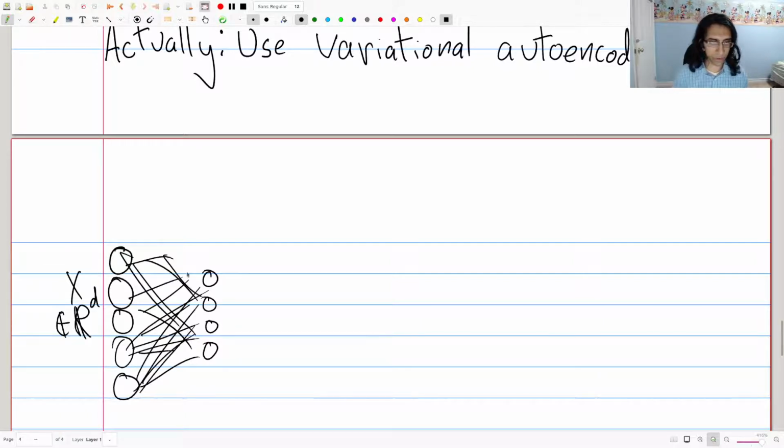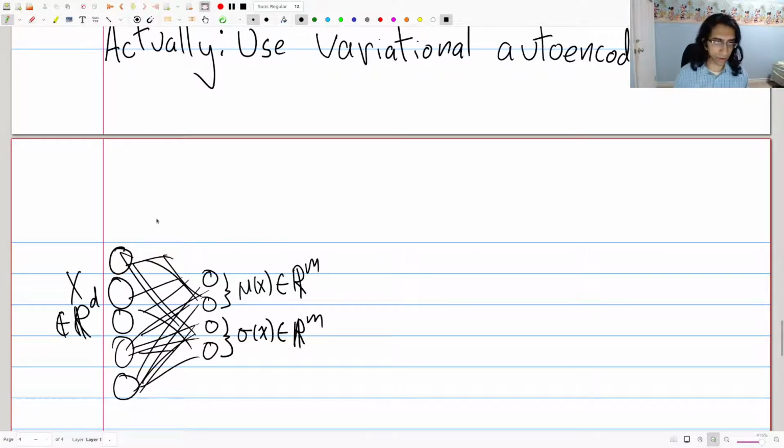And we're going to have a network which goes to something which is of width 2m here. So here we're going to have, say, these two nodes. We are going to call these mu of x, which is in R to the m, and these ones here are going to be sigma of x, in R to the m. So you'll see we have two m parameters here.